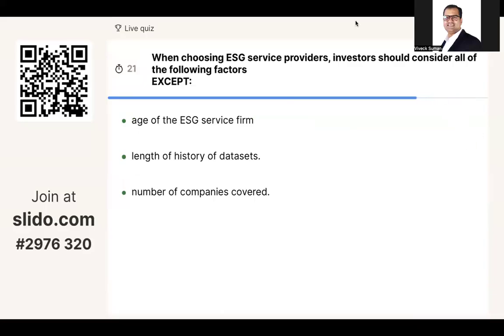When choosing ESG service providers, investors should consider the following factors except: age of the ESG service firm, length of history of database, number of companies covered.